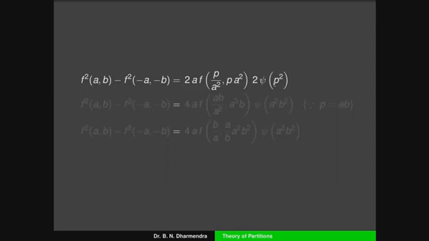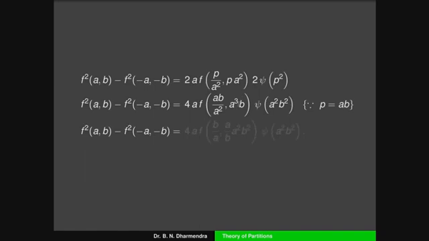We finally substitute the value of p, that p is equal to ab, that is equal to 4 times a into f of (b by a, a cube b) into xi of a square b square, if p is equal to ab. So finally the terms a and a square get cancelled, leaving b by a and a cube into b. So that can be written, making the powers uniform, as a by b into a square b square.